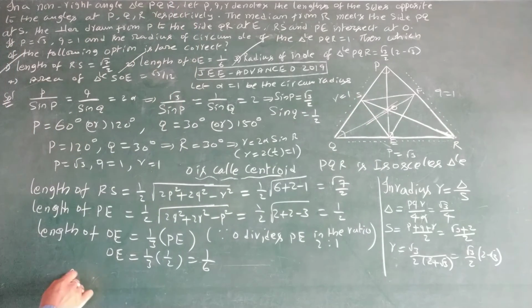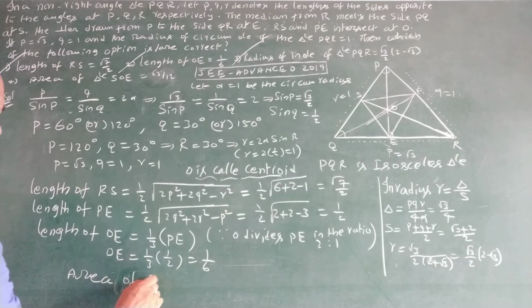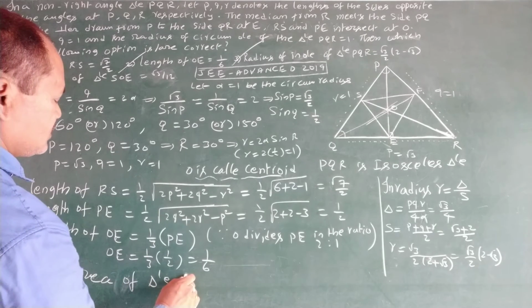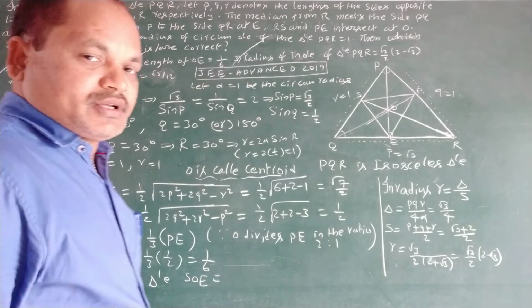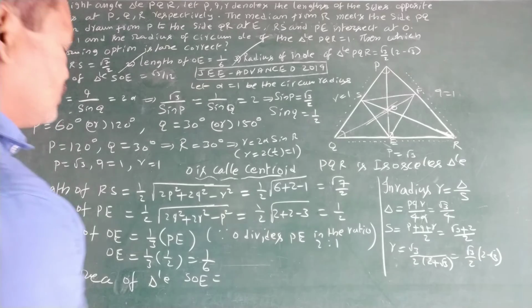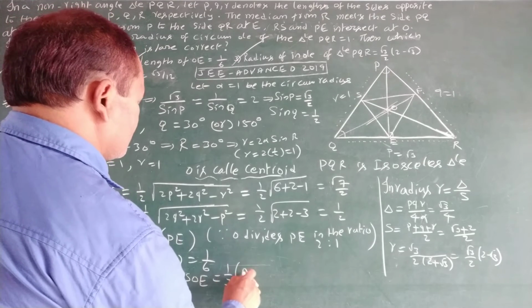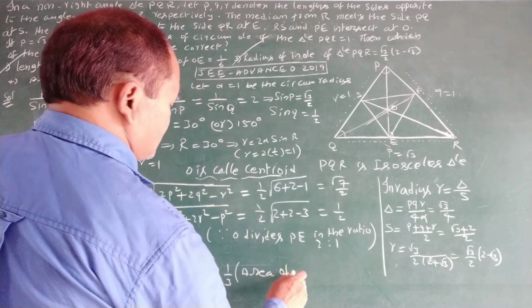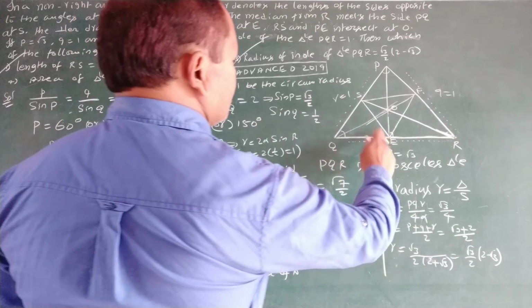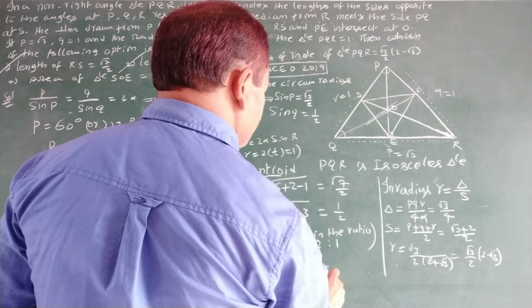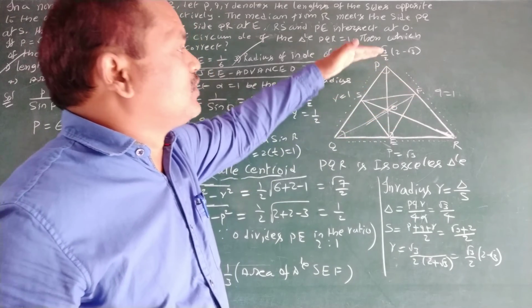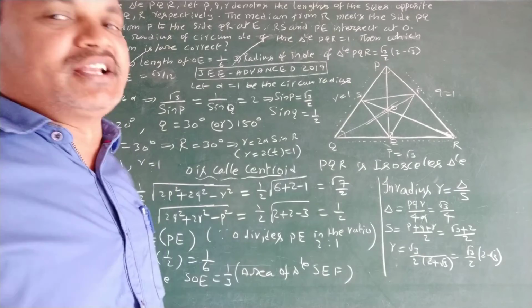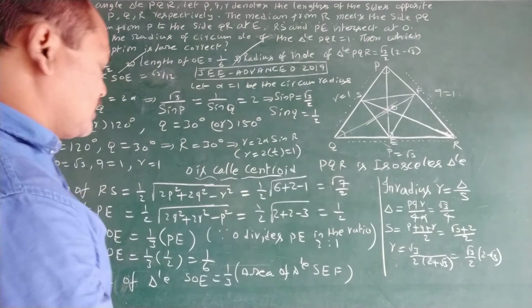That's why the area of triangle SOE is equal to 1/3 of the area of triangle SEF. Actually, the SEF triangle area is 1/4 of the total triangle area.